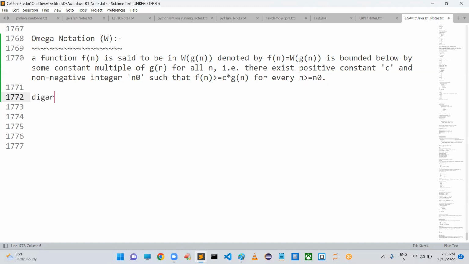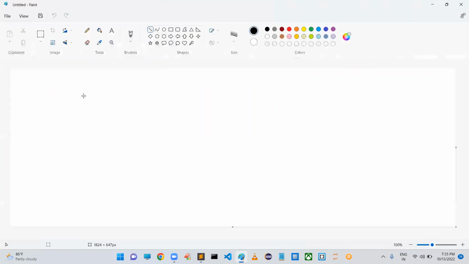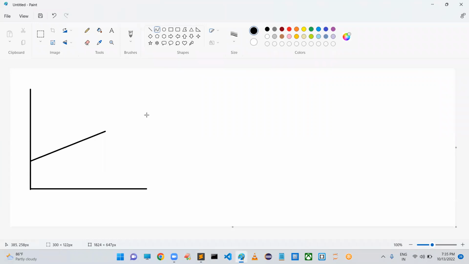Can we take the diagram here? Yes, the diagram will be almost the same as what we covered previously. What changes will be there? Consider this as the x-axis and this as the y-axis. Let me take this function as g of n, with a slight change.